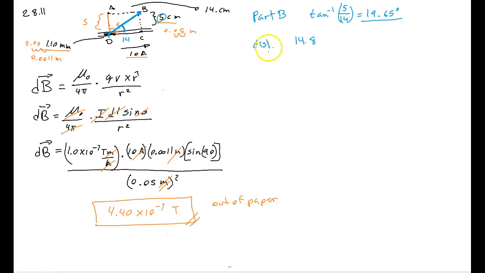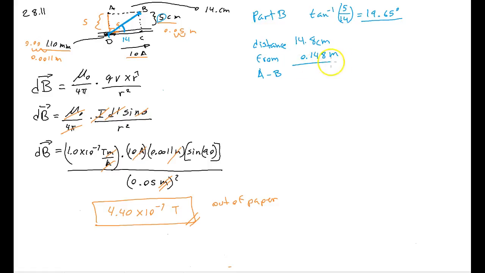Distance from A to B. I'm sorry, that's centimeters. 0.148 meters.